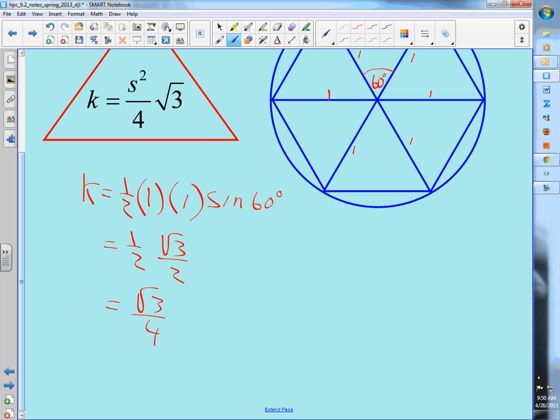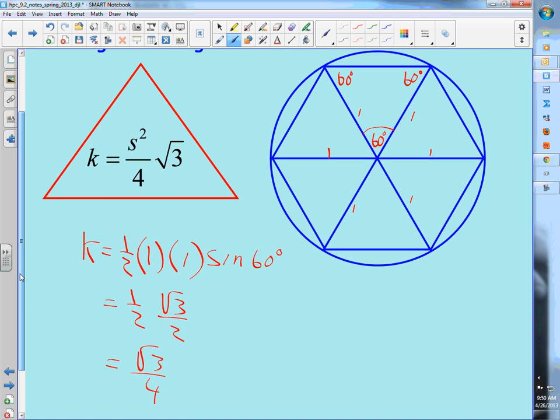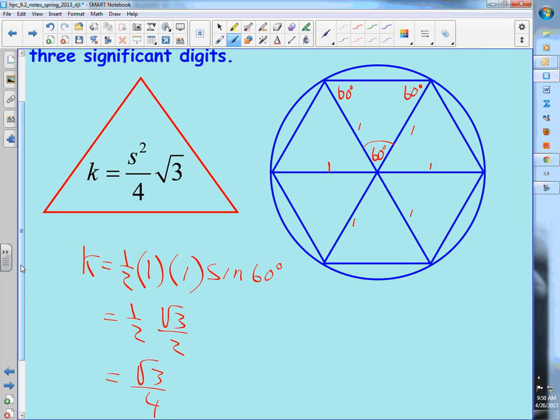S stands for the length of a side, and K is the area. So for every equilateral triangle, if the sides are 2, it's 2 squared over 4 root 3. If it's 3, 3 squared over 4 root 3.